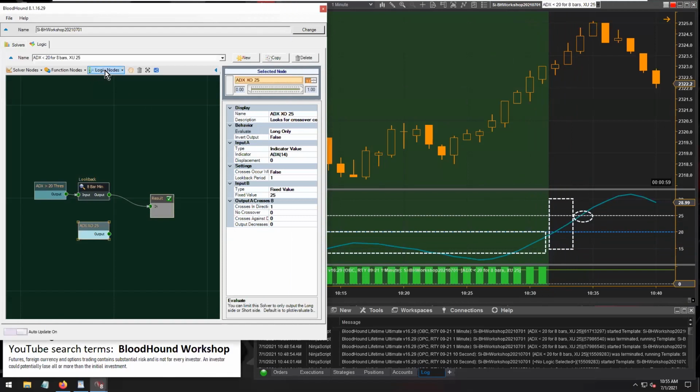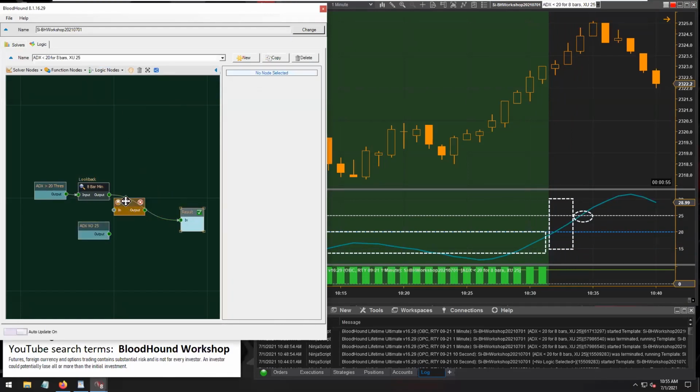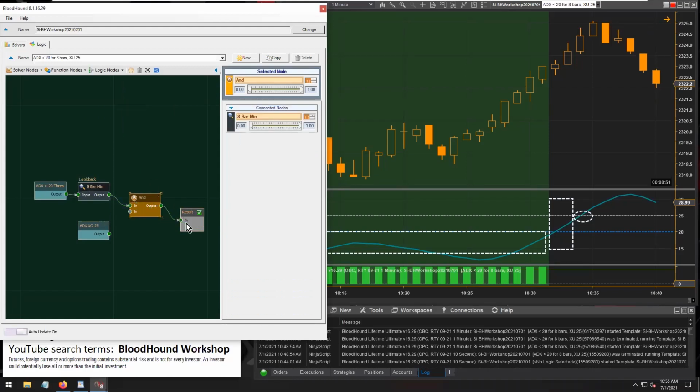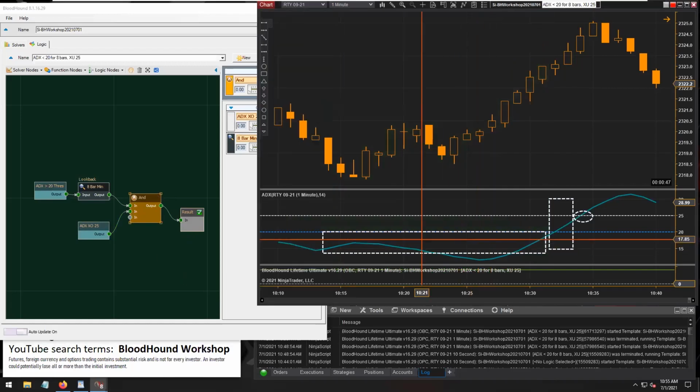So if we grab an AND node and connect everything up like this, we're going to get nothing, because there's this gap between those two conditions, the ADX being below 20 and the ADX crossing 25. There's a couple of bars there.